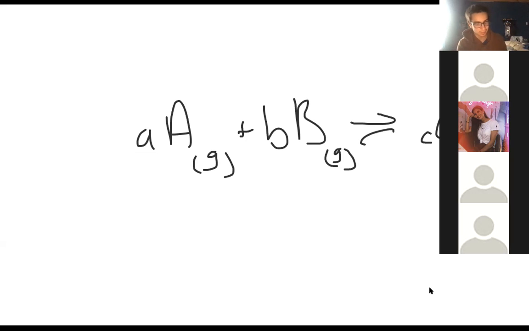They wrote out the Kp expression, D raised to the third, B raised to the second, plugged everything in, and solved through. They got an answer of 10.7. So same thing as Kc. The only thing important to note is that we have to use atmospheres.